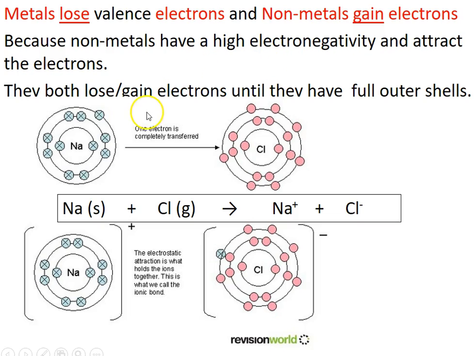So they will take the valence electrons from metal atoms, and the metal atoms will lose their valence electrons until the shell underneath is full, and then they won't lose any more. And the non-metal will gain electrons until their valence shell is full, and then they won't gain any more. So the metal atoms and the non-metal atoms become ions in that example.